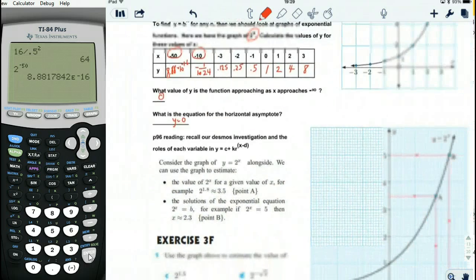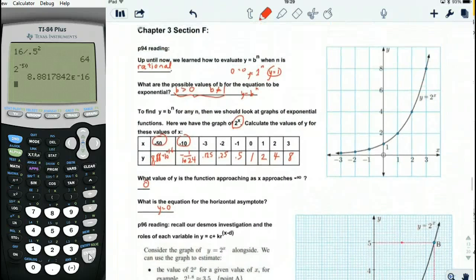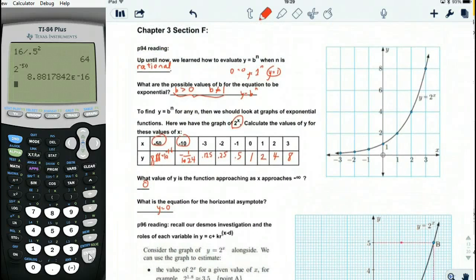Because that would be the horizontal line that the function is approaching. And if we look here, I didn't show you this, but you see it on your paper. The points we've put here, such as 8, 4, 2, 1, 0.5, you can see them graphed on this continuous graph of 2 to the x. We've only shown obvious points that are integers, but this makes a smooth curve.